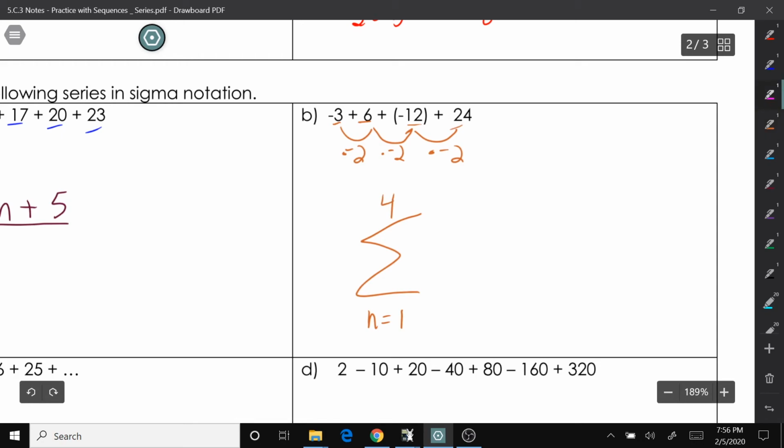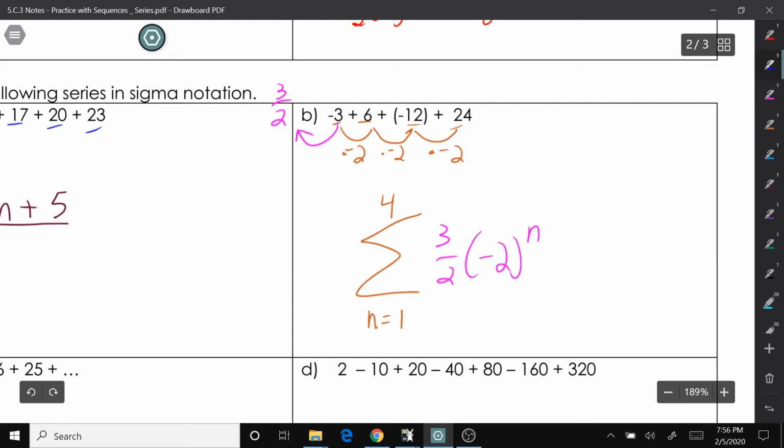And again, we have to find out what came before this. So we would just have to divide it by negative 2. Well, negative 3 divided by negative 2 will be positive 3 over 2. And our growth rate was negative 2.